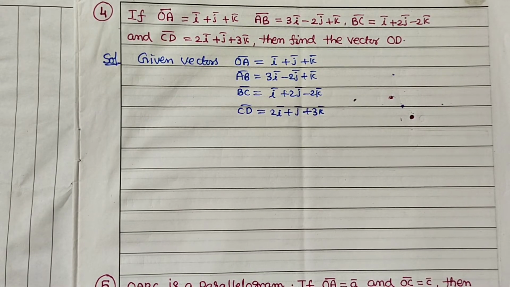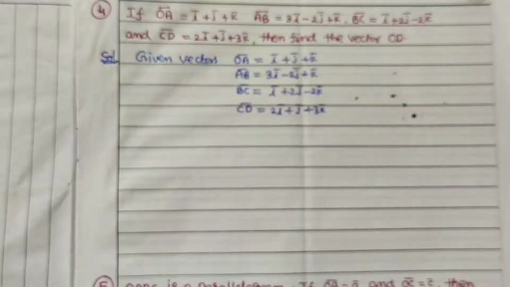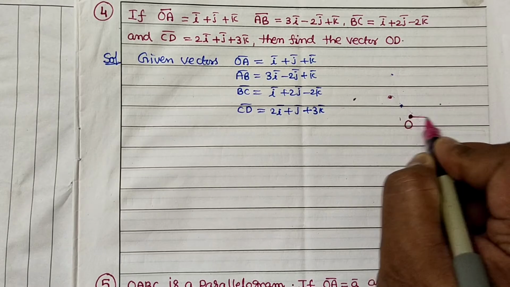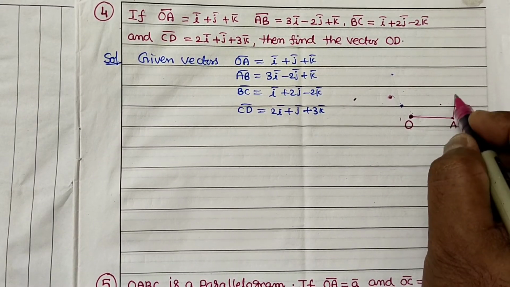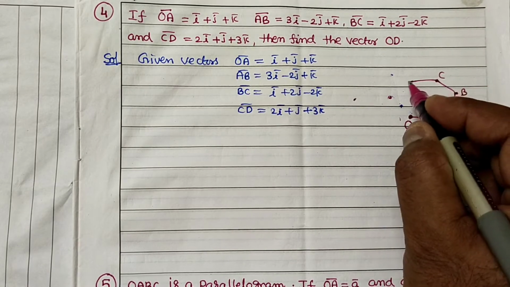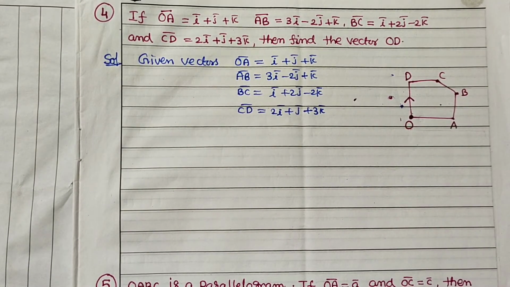This is about the given vectors, but they are asking to calculate OD bar. See, if you draw the figure, you will get the idea. This is OA, B and C, this is D. They are asking to calculate OD bar.